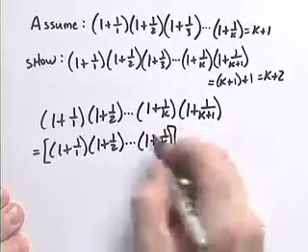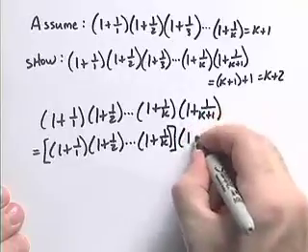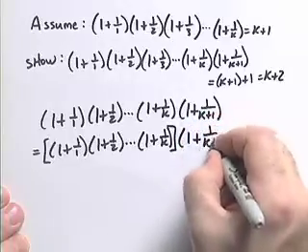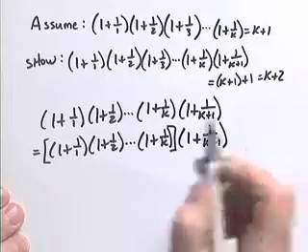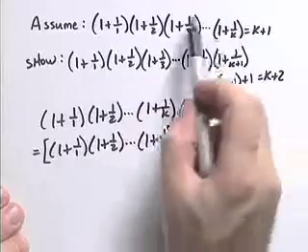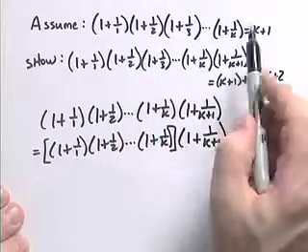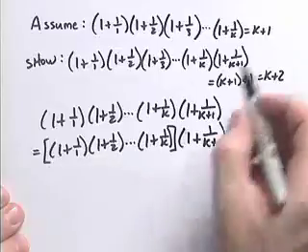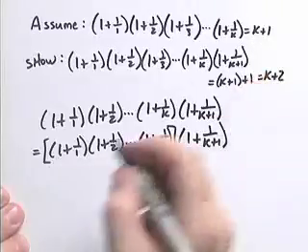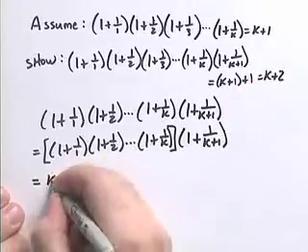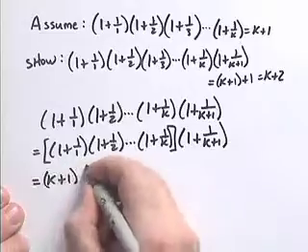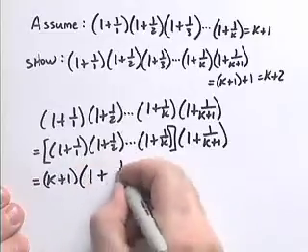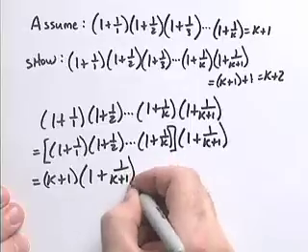Group all that together, and then multiply by (1 + 1/(k+1)). Now, since we've assumed that this equation is true, everything in brackets here we can replace with k + 1. So this will equal (k + 1)(1 + 1/(k+1)).